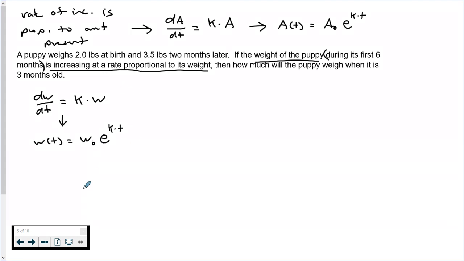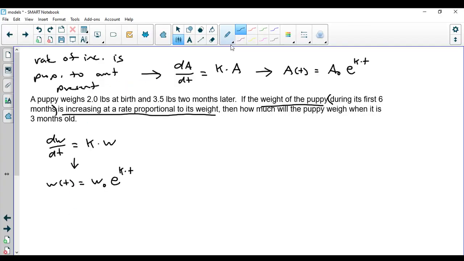So now you're wondering, do you know any of these things? Let's go back to this screen. And you do. You know what W naught is, the initial weight. They told you a puppy weighs 2 pounds at birth. Birth is like time equals 0, so you know W of 0 is 2. That makes this 2 right there.